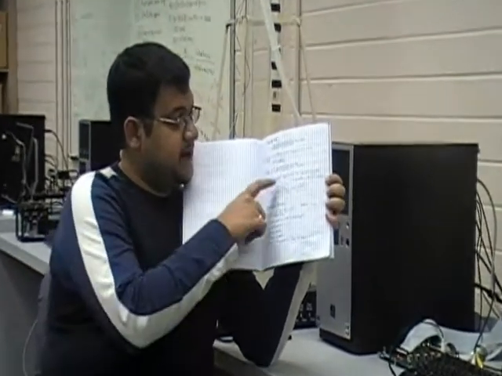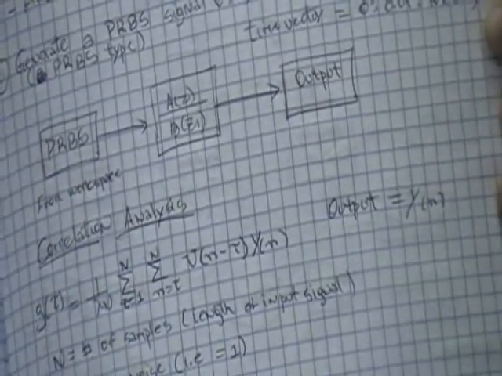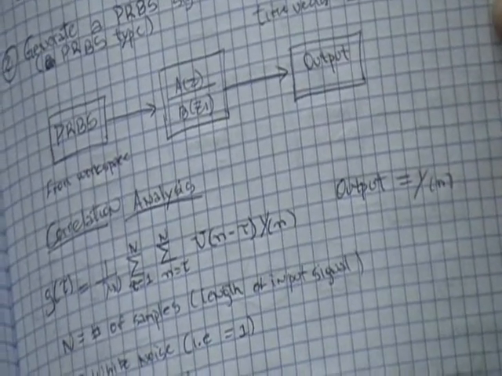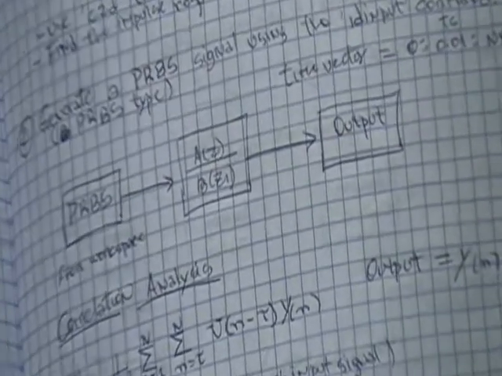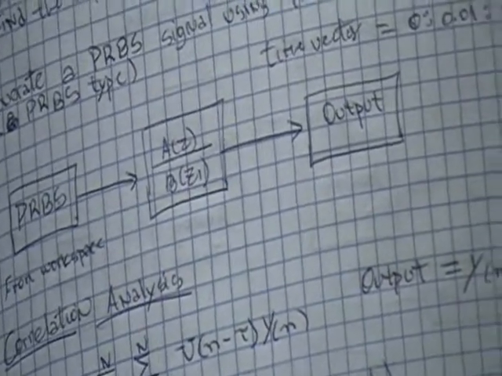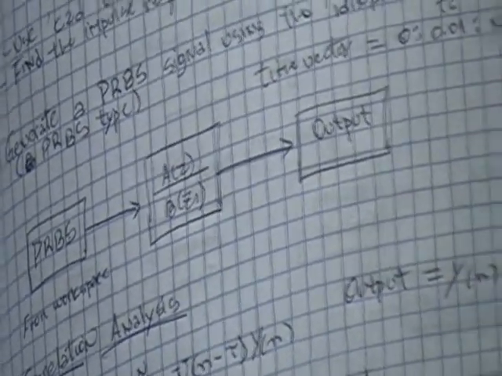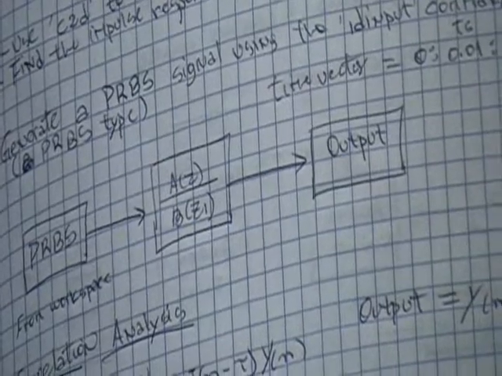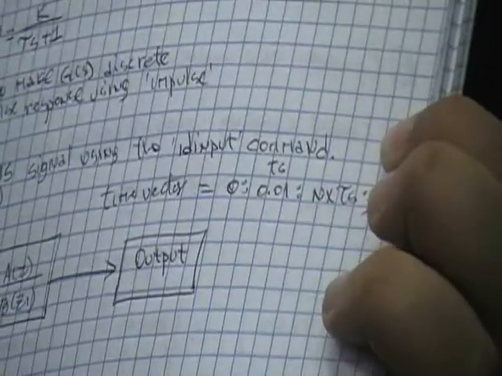We generate the idinput command, and this block that you see, PRBS, is actually a From Workspace block. That block takes a matrix. The first column of the matrix is the time, and the second column is the PRBS input. So in the first column, you put the time vector.